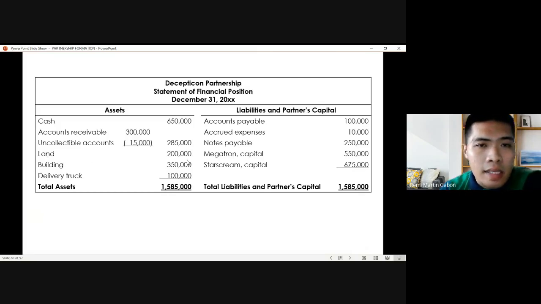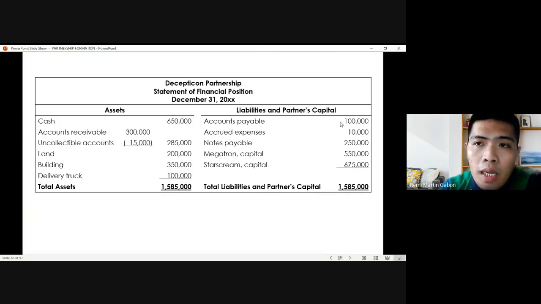Then the land as is, then yung building kanina na 500, tinanggalan ng accumulated depreciation, then charge sa building, 350 na lang. Then delivery truck of Megatron, ayan, 100,000. Yung 650 na yan pala actually, hindi nagalaw yung cash ni Starscream, pero merong additional cash kay Megatron. Kaya pala naging 650,000 to.